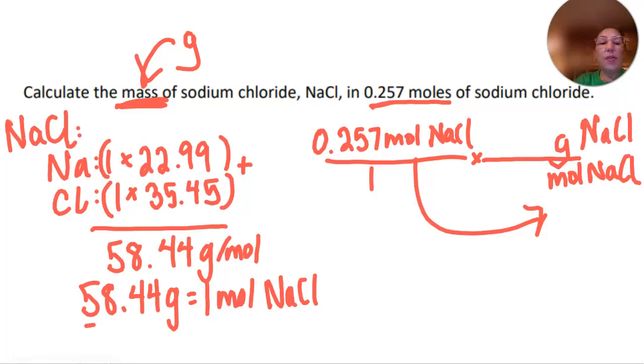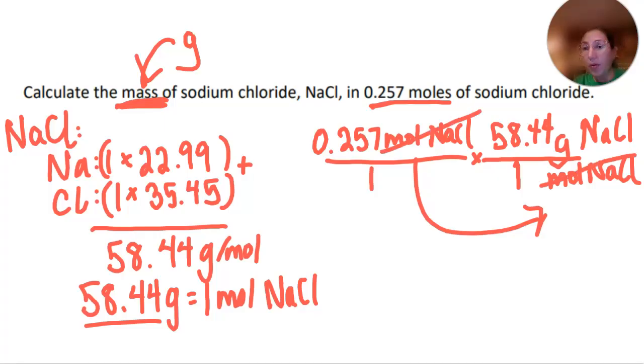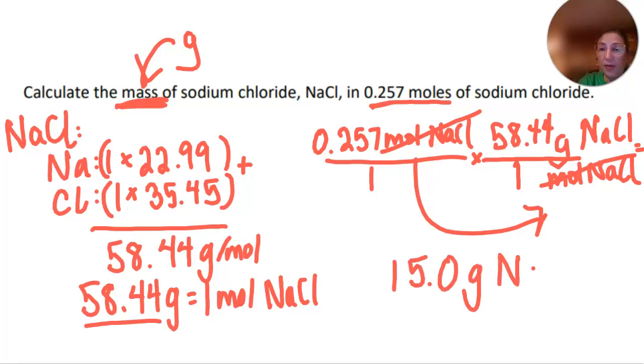We just figured out that there are 58.44 grams in every 1 mole of NaCl. Cancel out moles of sodium chloride, and we just multiply in our calculators, 0.257 times 58.44 grams. I've got 15.0 grams of sodium chloride.